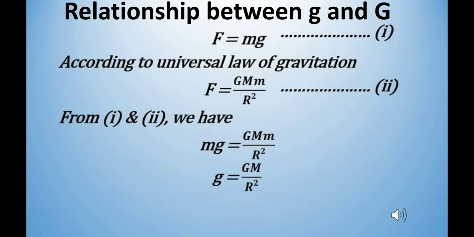Now, from equations 1 and 2 we equate both the forces. Force is equal in both cases. So mg is equal to G Mm by r square. On calculation, small m and small m will cancel, and we have g equal to capital G times the mass of the Earth by the square of the distance between the two masses. So small g is equal to GM by r square. So it's very clear now what the relationship is between small g and capital G. We'll keep this in mind. Let's move further.